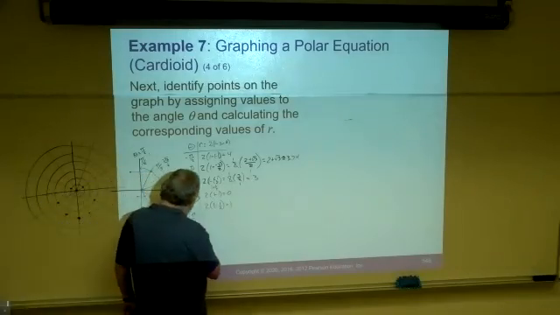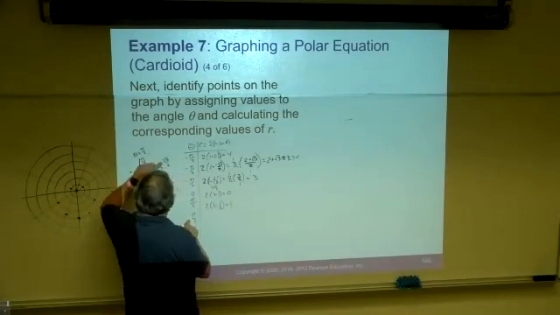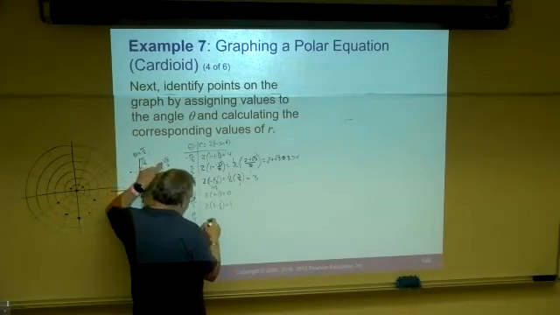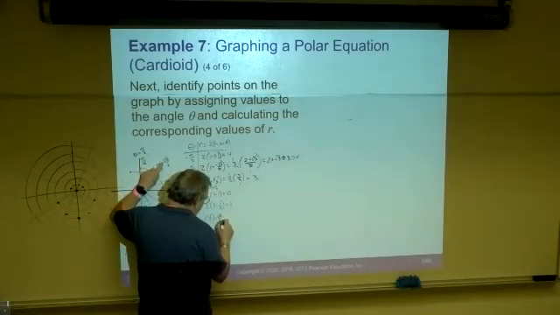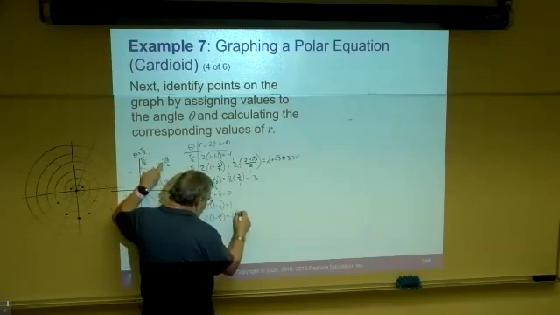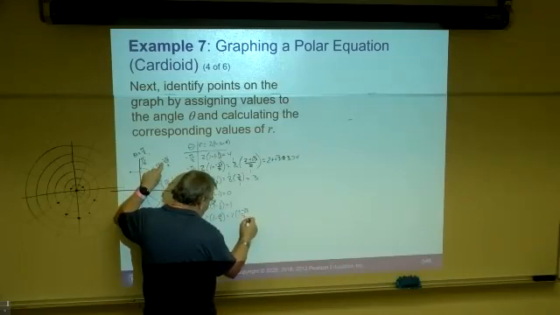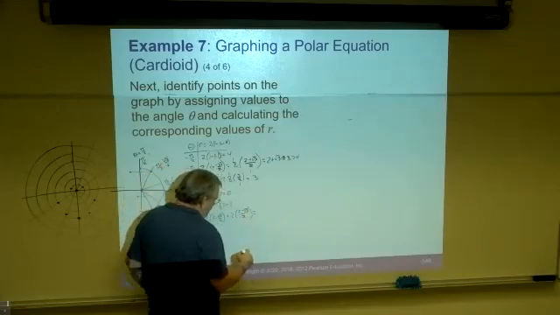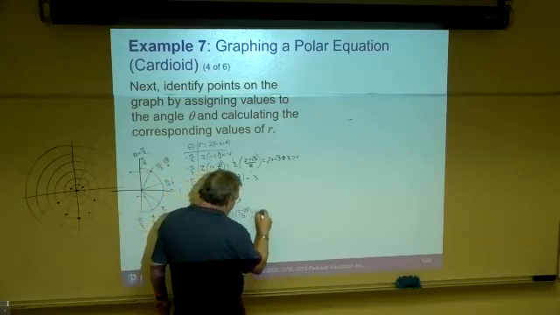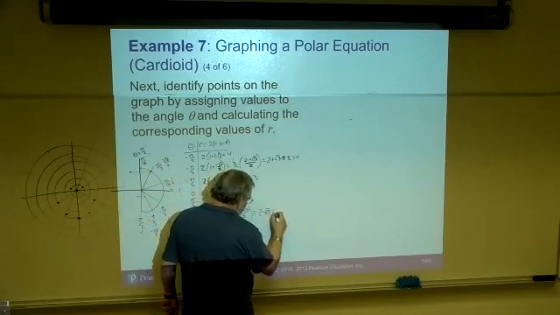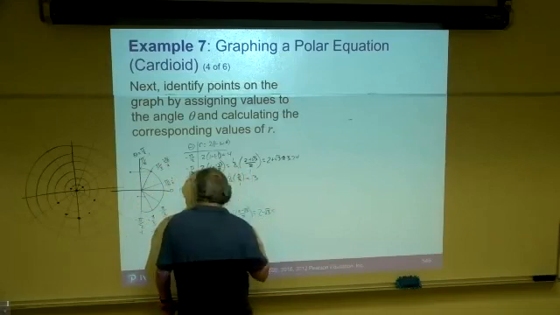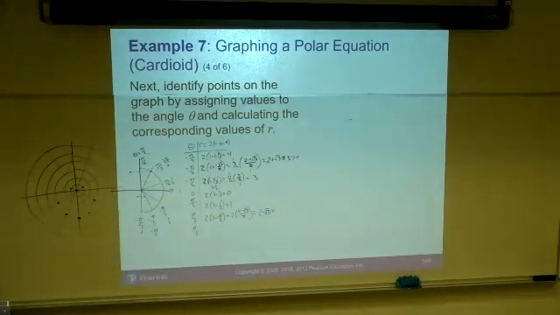And then we have pi over 3, which is square root of 3 over 2 for the sine of that. So we have 2 times 1 minus the square root of 3 over 2, which is 2 times 2 minus the square root of 3 over 2, which is 2 minus the square root of 3, which is approximately, I don't remember.